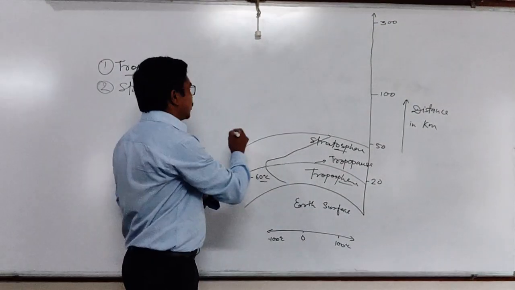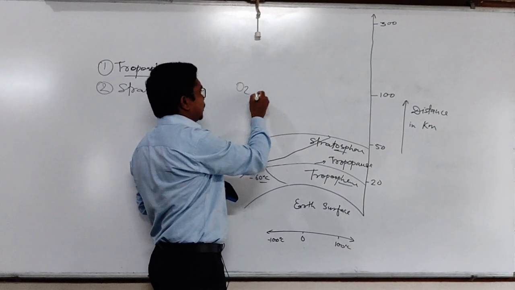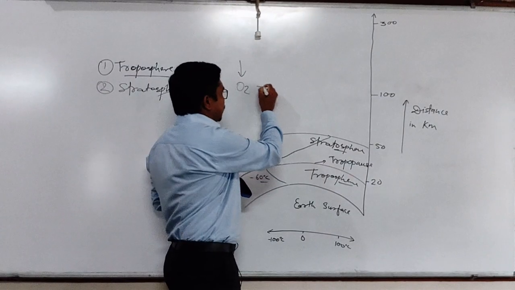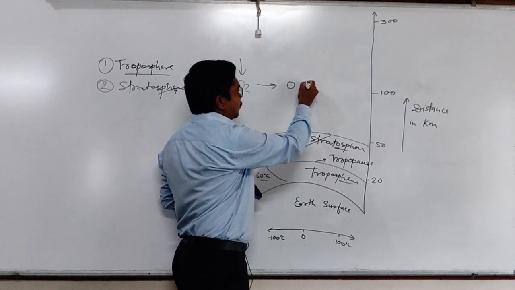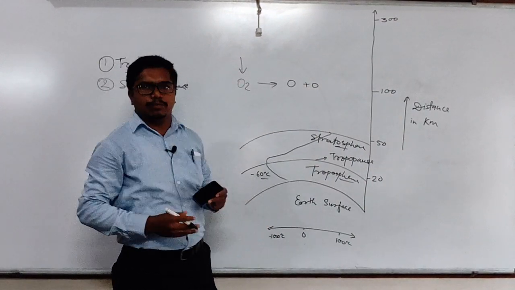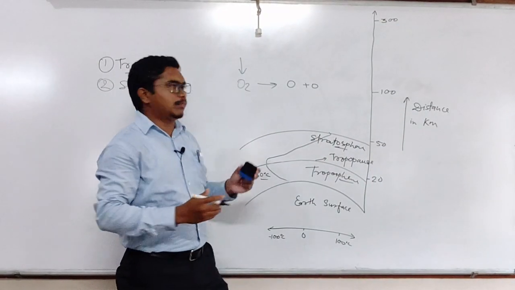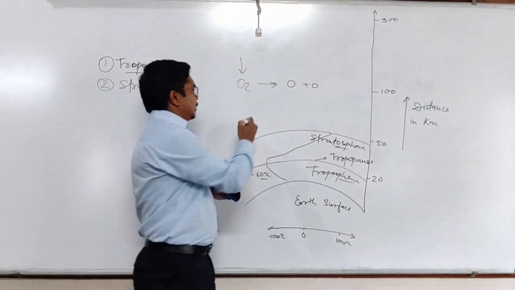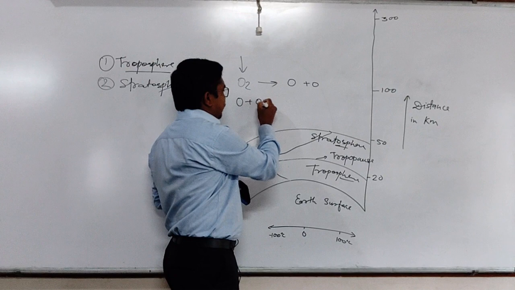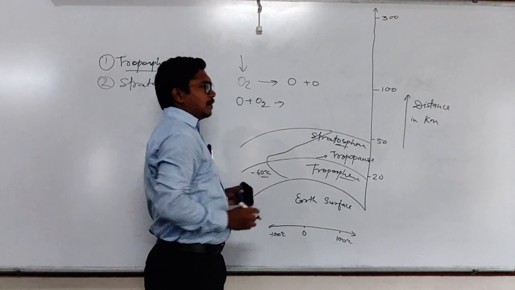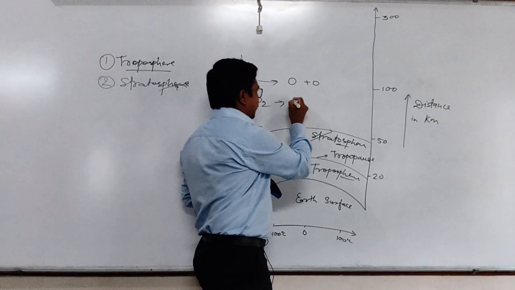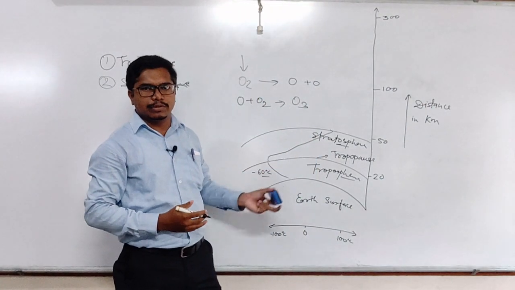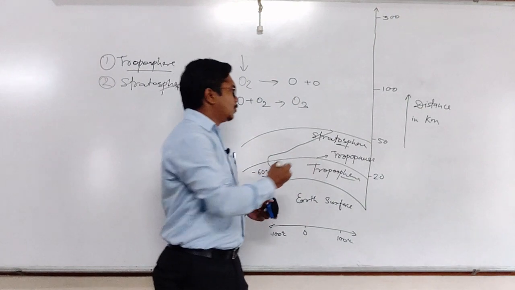In this zone, the ultraviolet radiation of the sun acts upon the molecular oxygen and converts it into singlet oxygen. This singlet oxygen will again react with the molecular oxygen. They will give ozone gas. That's why this layer or zone is also called Ozonosphere.